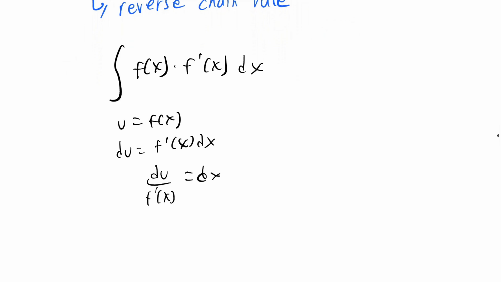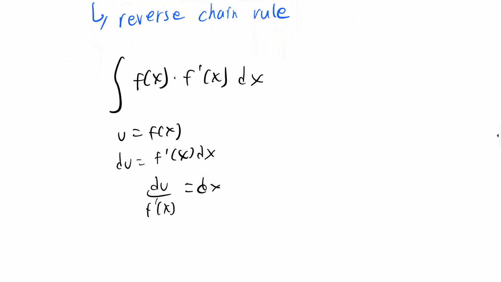So this is the first part of actually doing u sub. You're going to let u equal f of x, and with these, we're going to substitute them in. So this goes up to here, and this goes up to here, right? Our resulting integral is just the integral of u times f prime of x dx, or du over f prime of x.